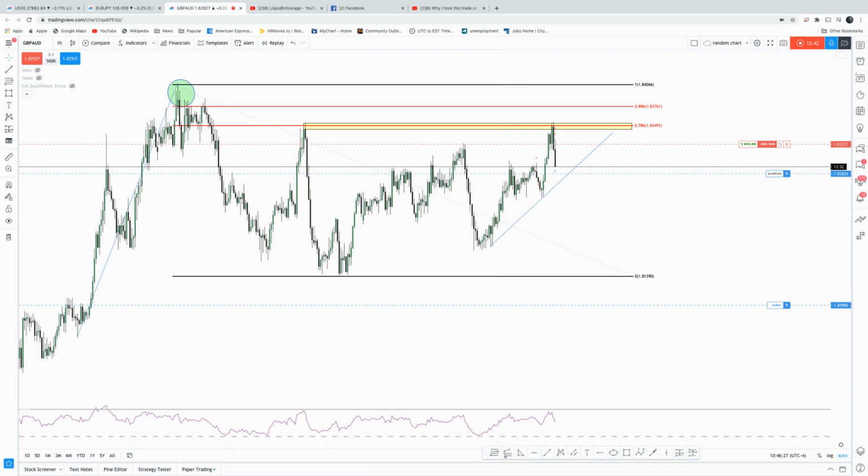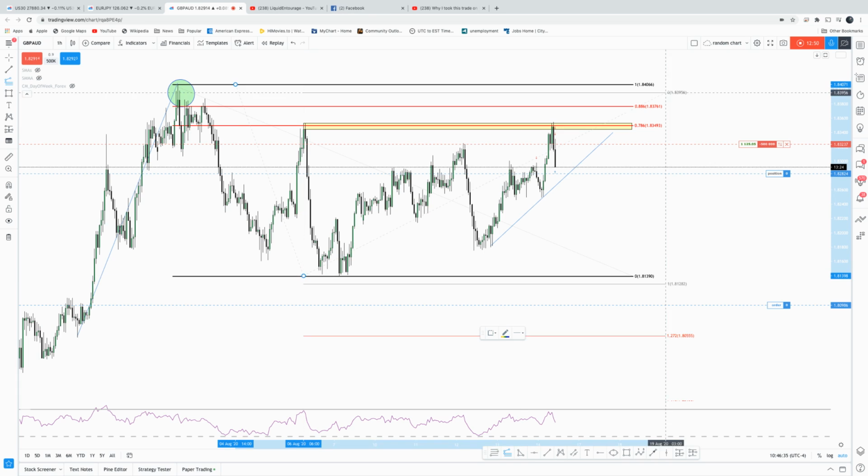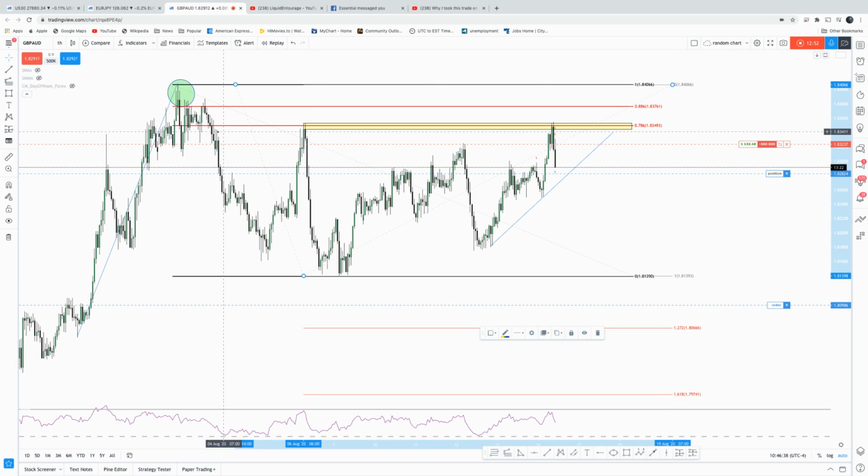Delete this. It's an expansion tool that I need. Back into the alternate method. So you're going to go from high to low, back into the high. It's going to give you the 127, which is pretty much exactly where the harmonic pattern D point would be.